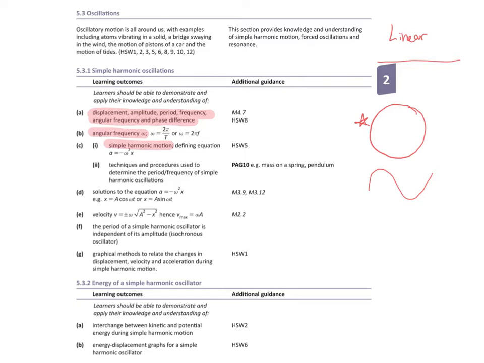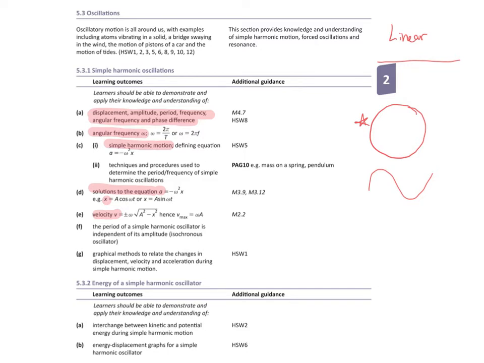Also, you will need to be able to find the solutions to this equation. You don't need to know how to get the solution, but it's a useful thing that I will show. You just need to be able to use the equations that will be given to you, to calculate the acceleration, the displacement, and the velocity at a particular point of an oscillation.